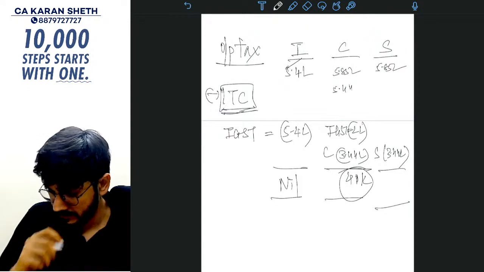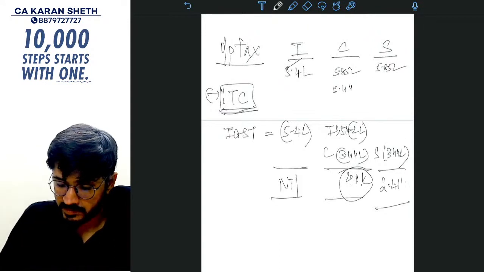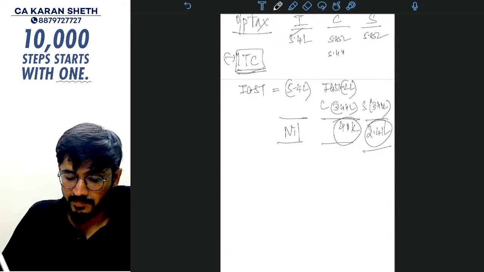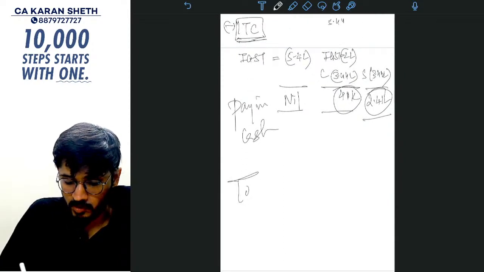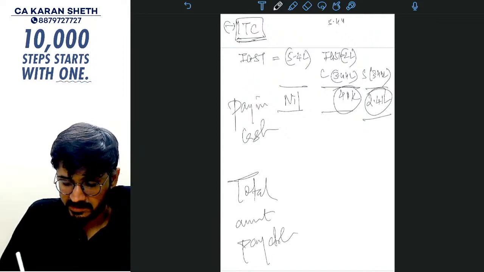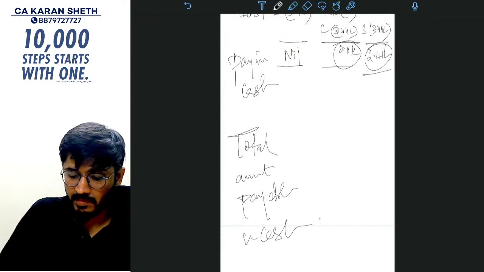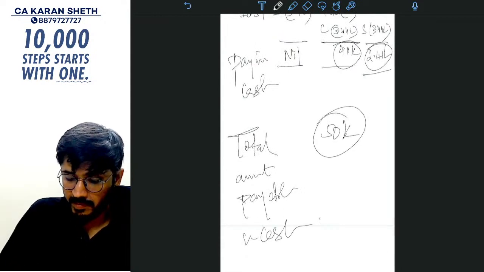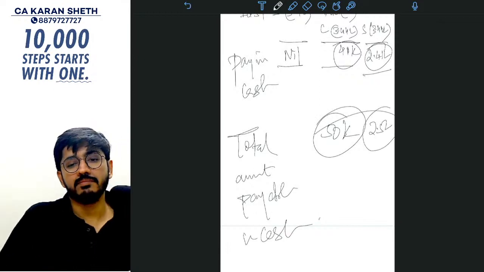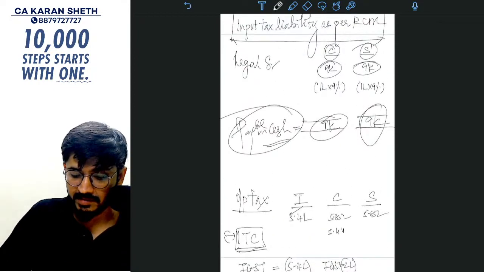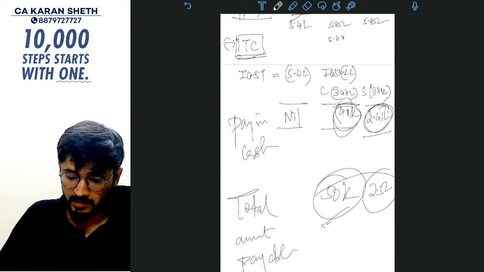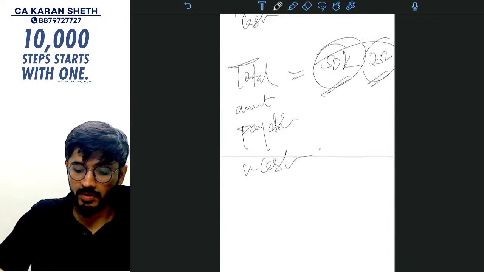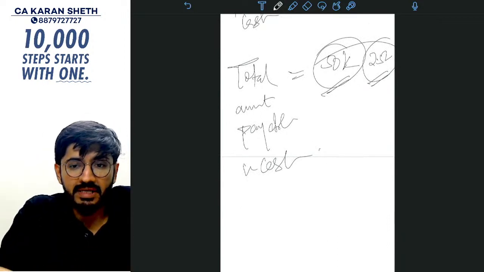And here it will be 2,41,000, payable in cash. So what is the total amount payable in cash? 50k, 2.5, because you will also add the legal service 9,000. So this is how it will happen. Okay, done. That's it, my dear friends.